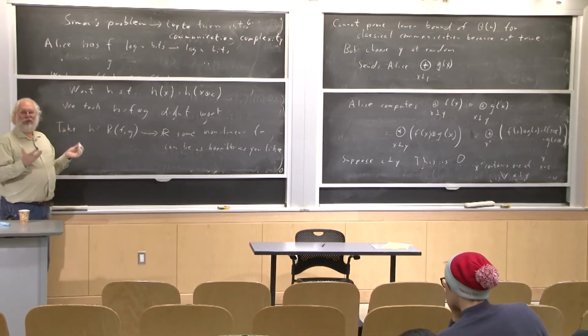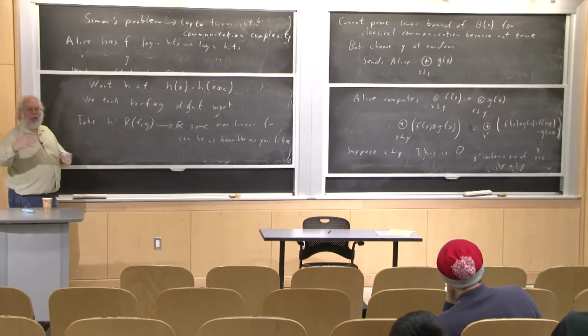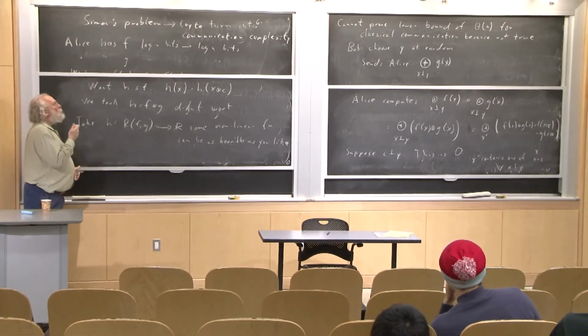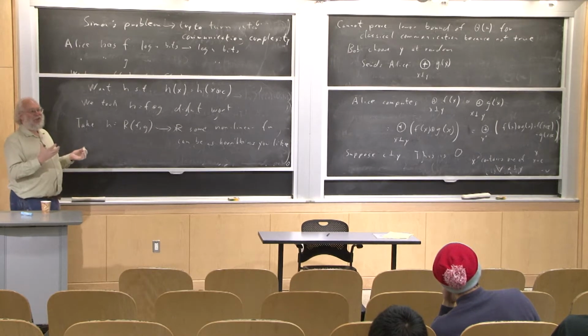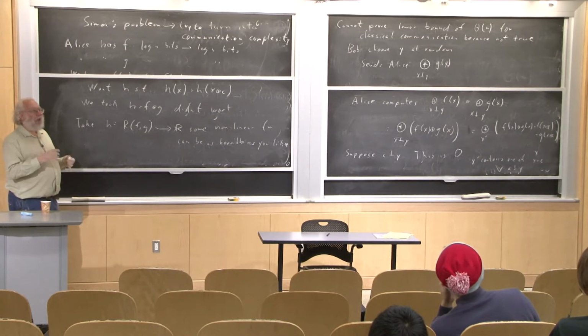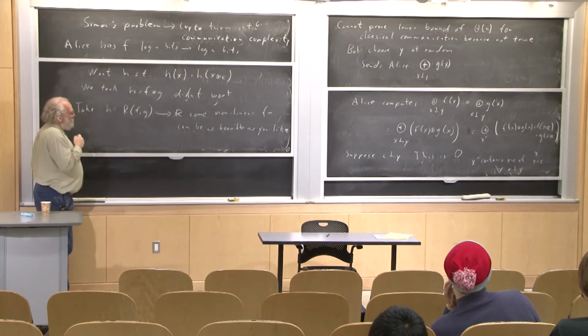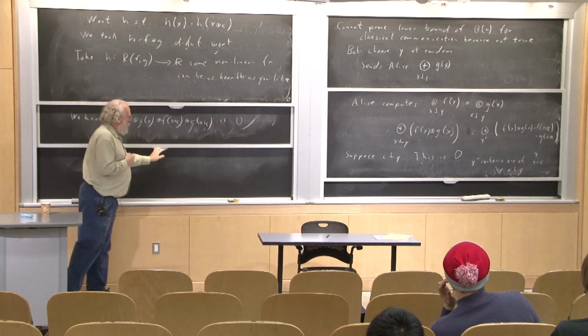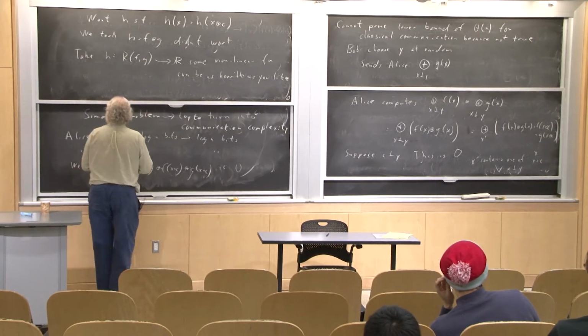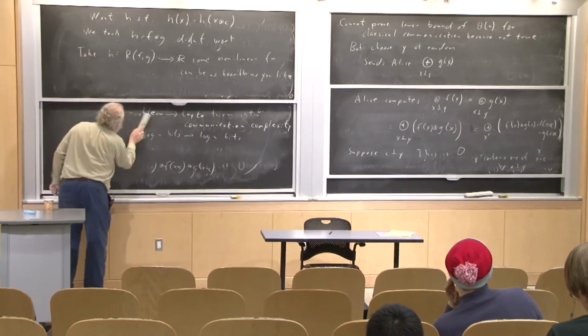And they can still do it. I mean, Alice can still query Simon's algorithm by message passing with Bob, although it's a little more complicated this time. So let's go over that.